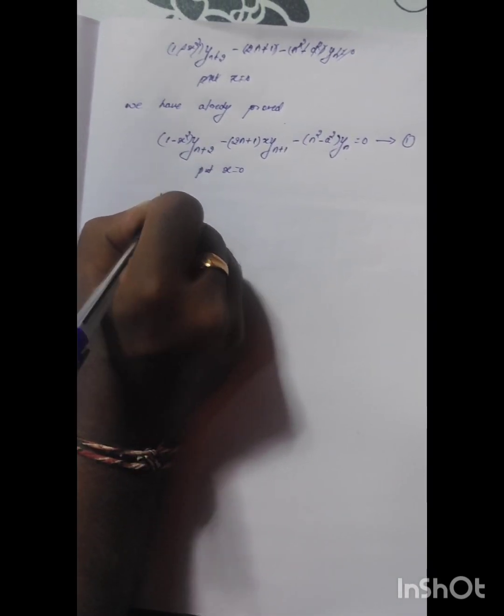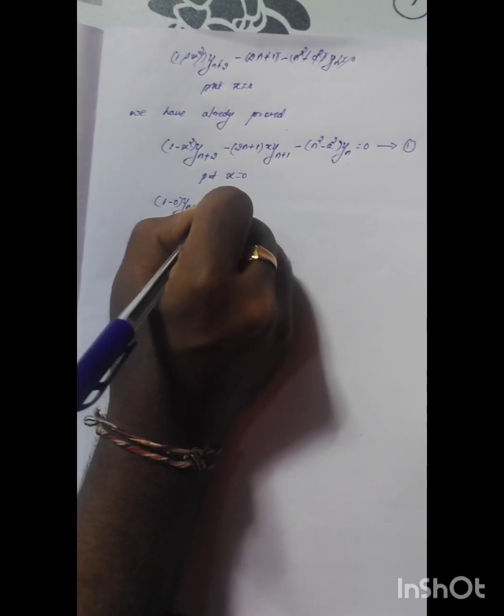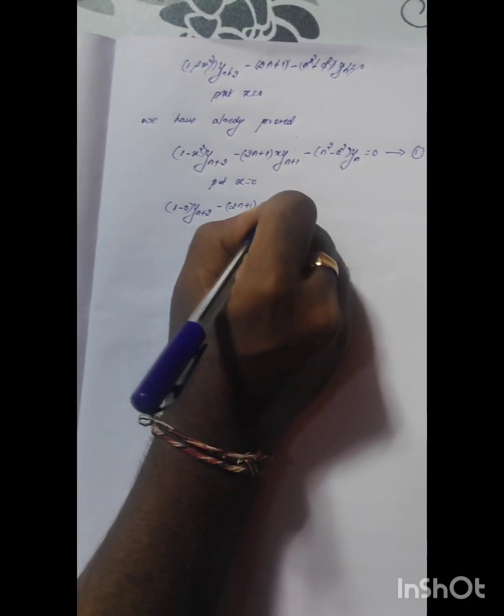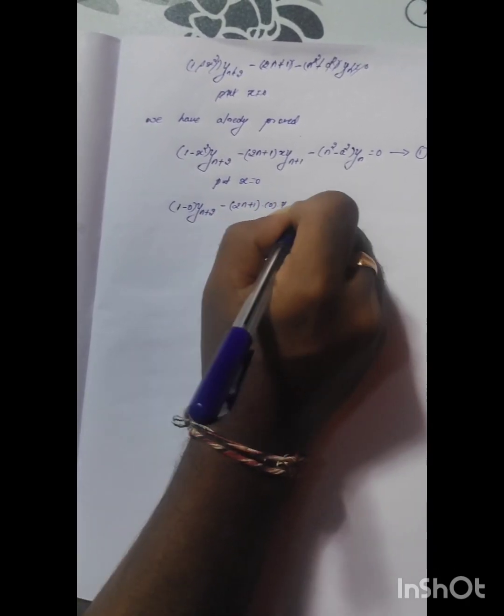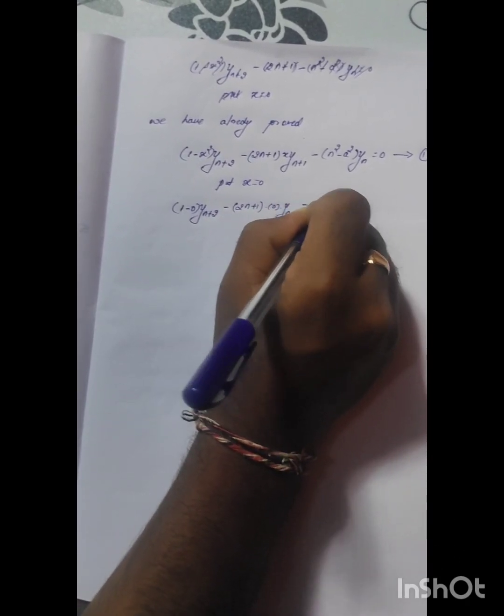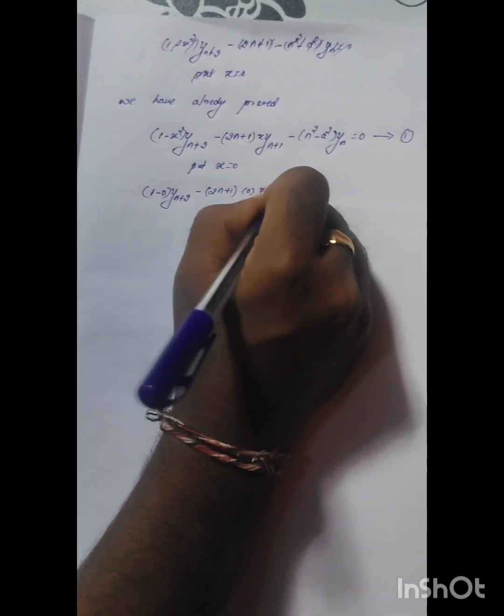Let me call it equation number 1. So what happens? This will become (1 minus 0) into yn plus 2, minus (2n plus 1) into 0. This term will completely become 0 because 0 into anything will become 0, minus (n square minus a square) into yn.